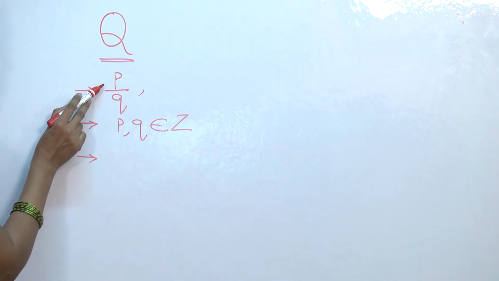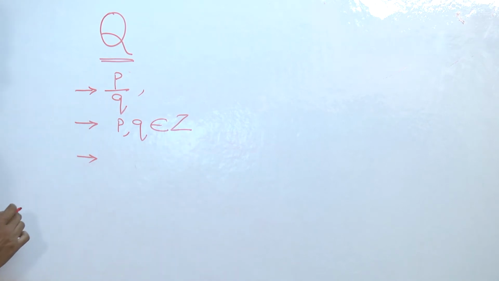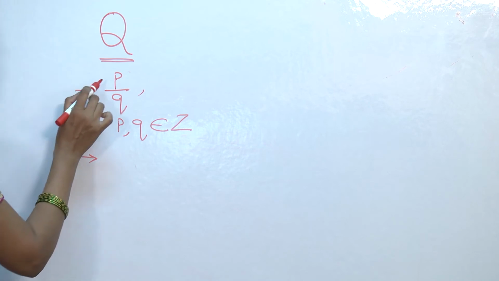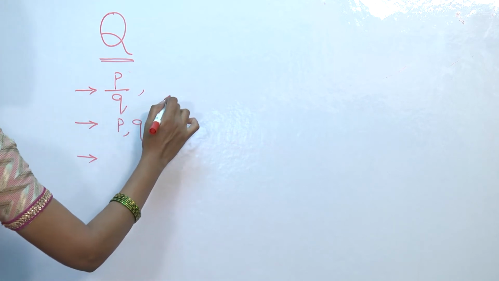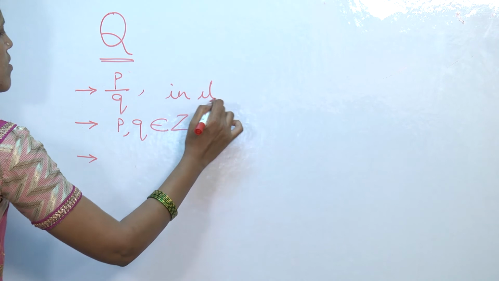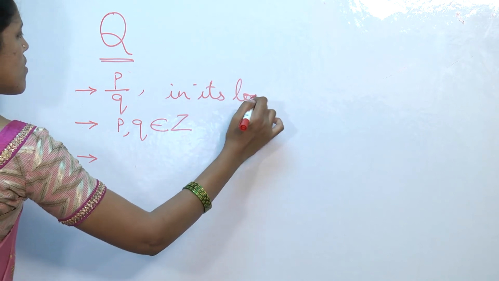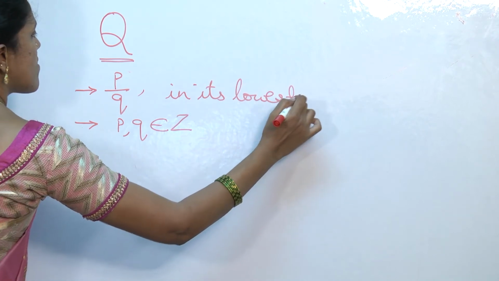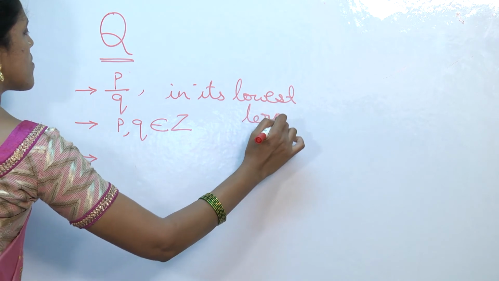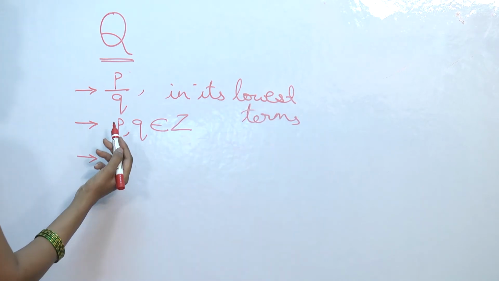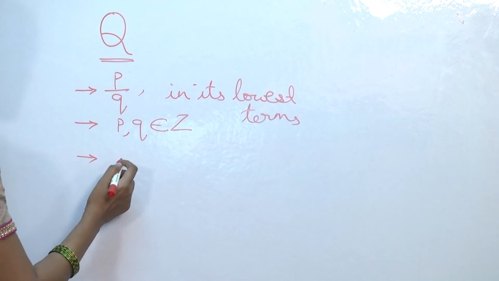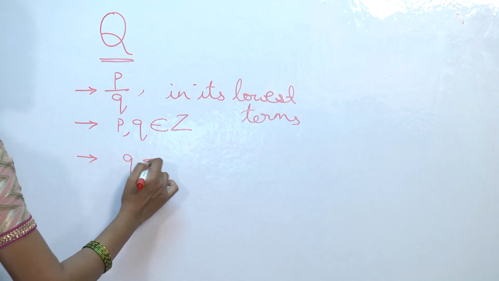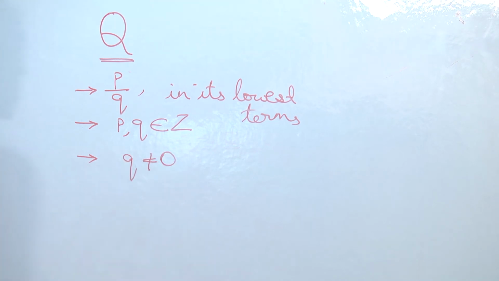That means both the numerator and denominator should be integers, and mind you, the fraction should be in its lowest terms. And the very important condition: the denominator should never be equal to 0. Such numbers belong to the set of rational numbers.